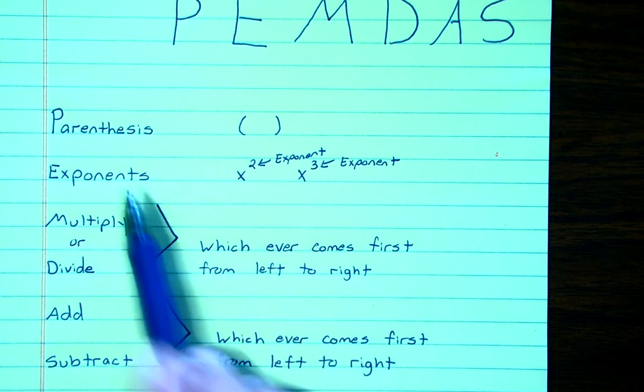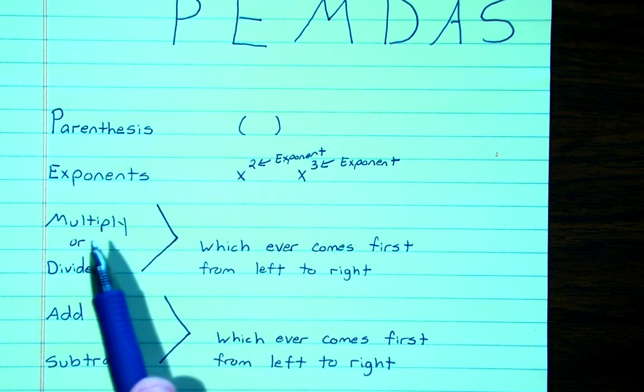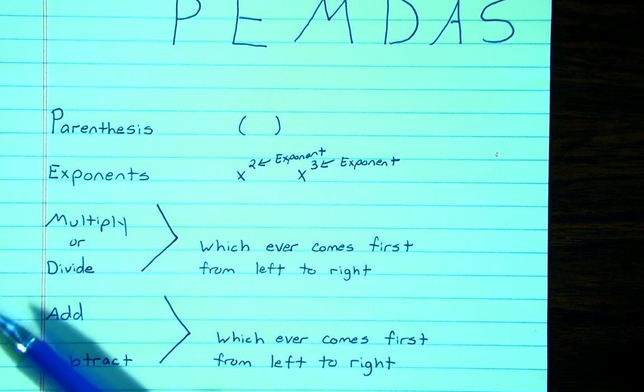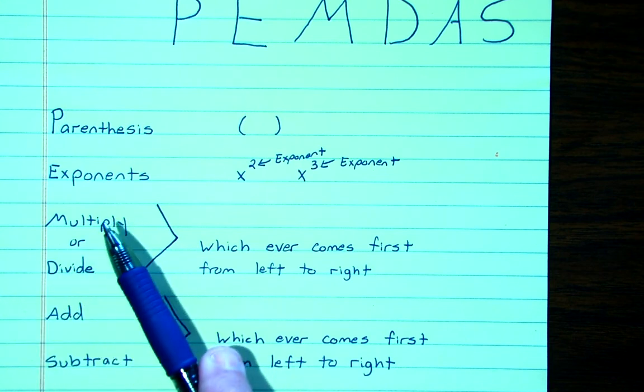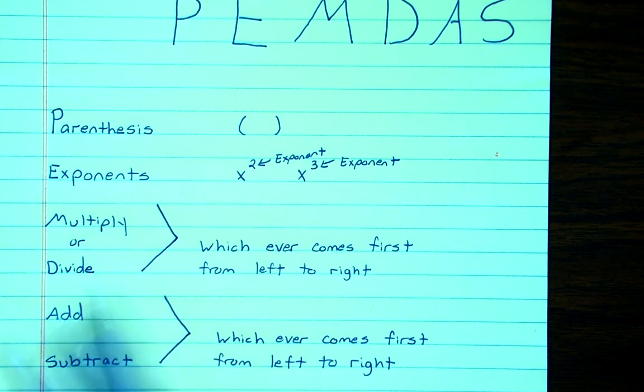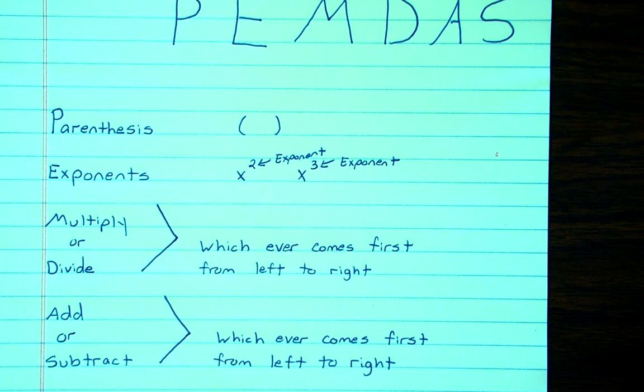So after you do the parentheses and then you do the exponents, you look for multiply or divide. If divide comes first, you must divide first. If multiply is first, then you must multiply first. Then you have add or subtract. Well, same thing. It's whichever comes first from left to right. Okay? So let's try a few examples.